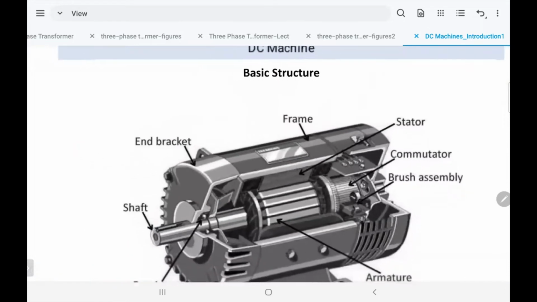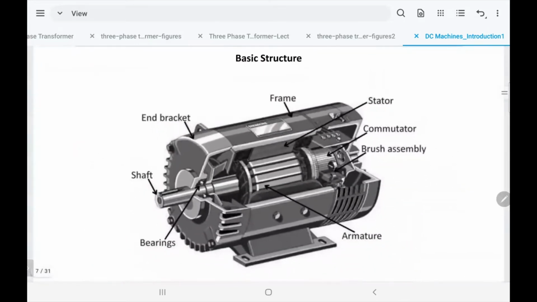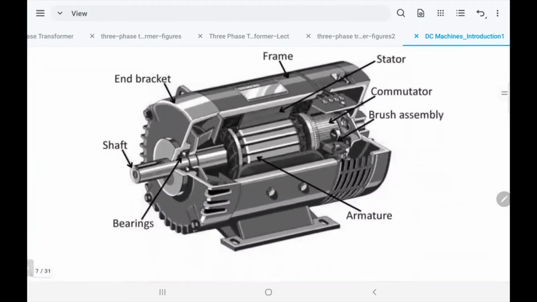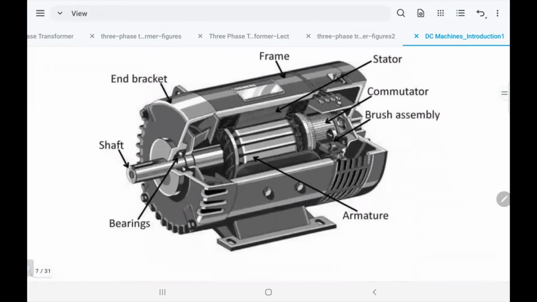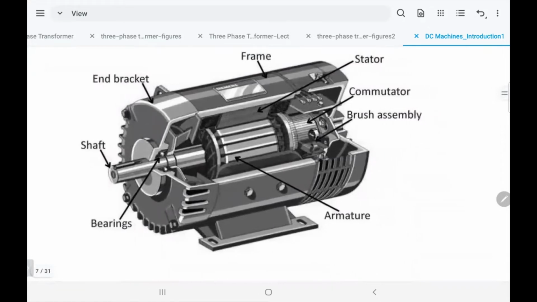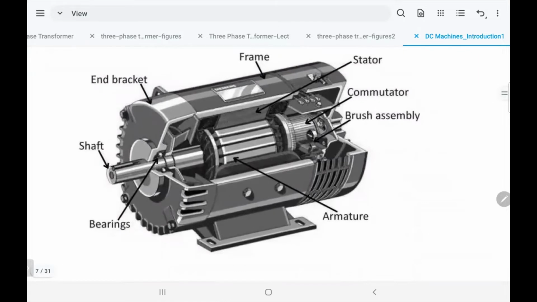Now we'll go to the machine we will start today, the DC machine. It also has the stator and the rotor, but let's go into a little bit of detail. I'm not going to talk about the mechanical parts, bearings and shaft, but I'm going to talk about the stator and the rotor, especially the rotor.